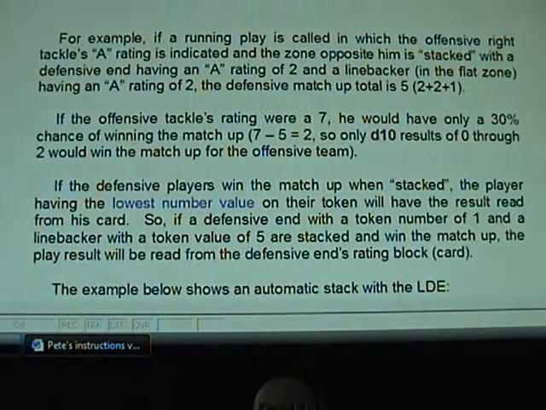So that's a basic run stack on a running play, utilizing the front zone of the down lineman and any potential linebacker in a linebacker flat zone. If there's only one linebacker there, we're going to randomly make a determination of whether that linebacker gets to stack or not.